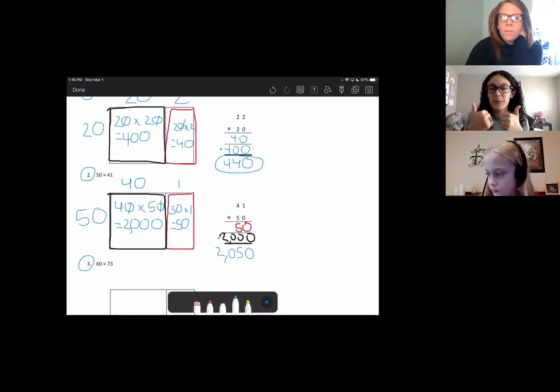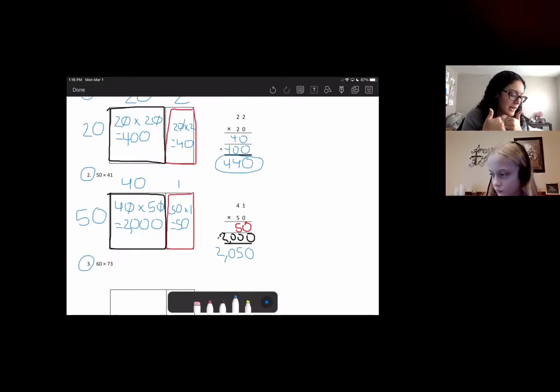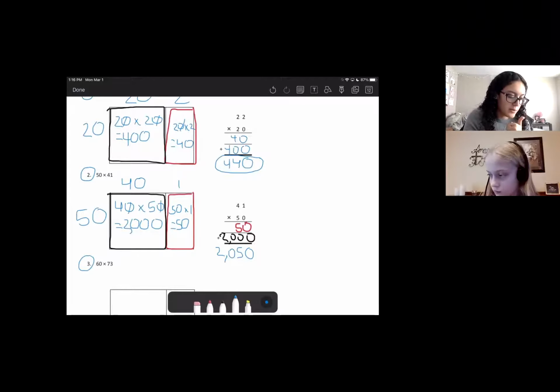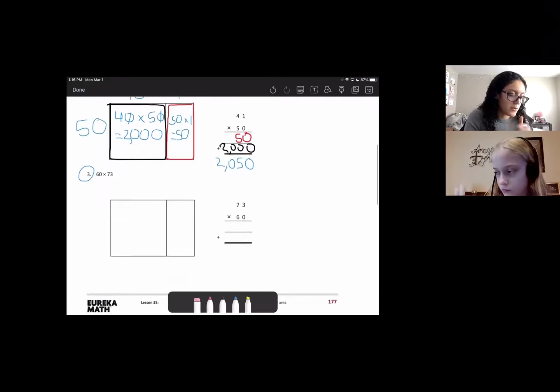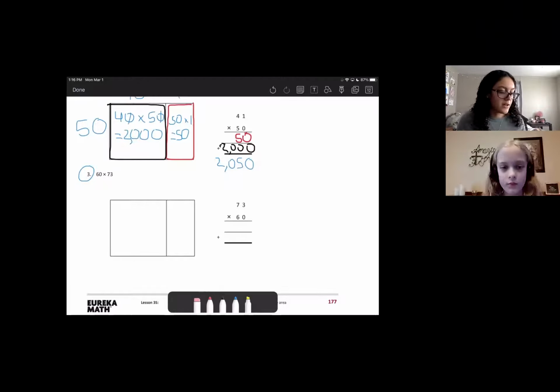Okay, so if we're feeling pretty good about using our area model and writing it vertically, I'm going to put you into breakout rooms to work on number 3 on your own. So for number 3, we're doing 60 times 73. So I want you to label your rectangle and figure out your areas, and then also write it vertically and write your partial products and find your final product.